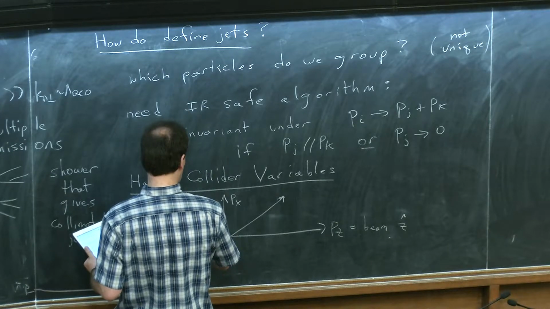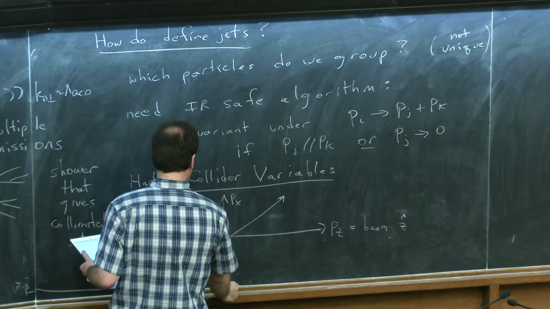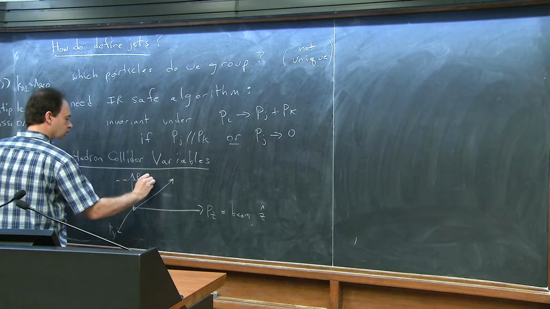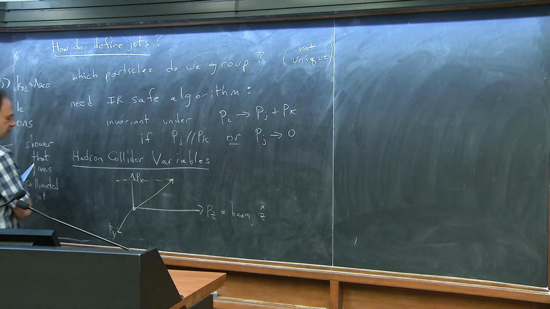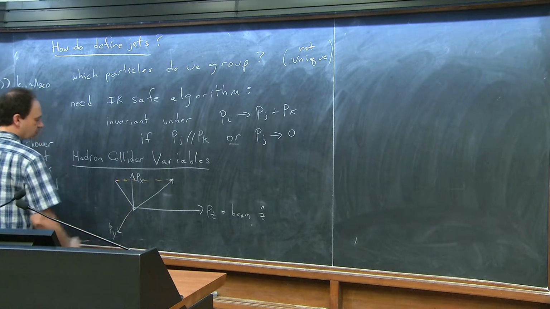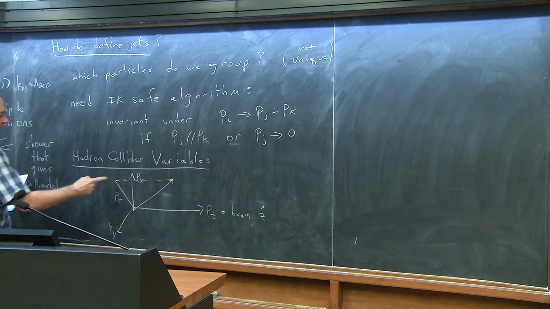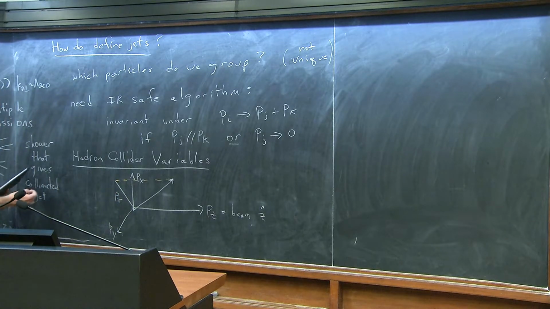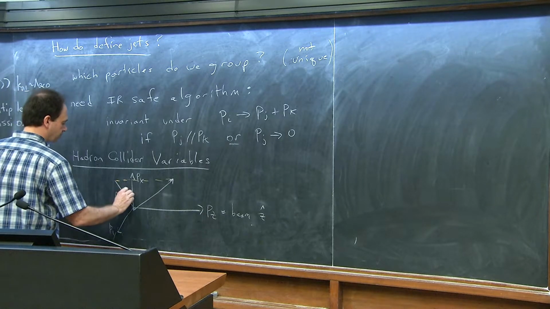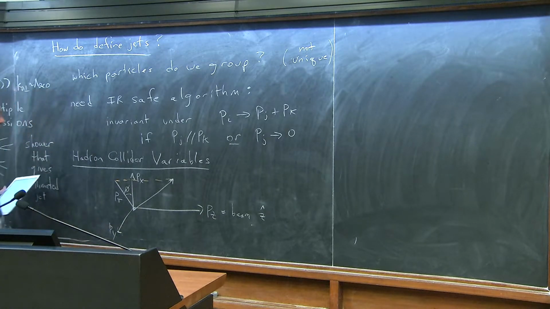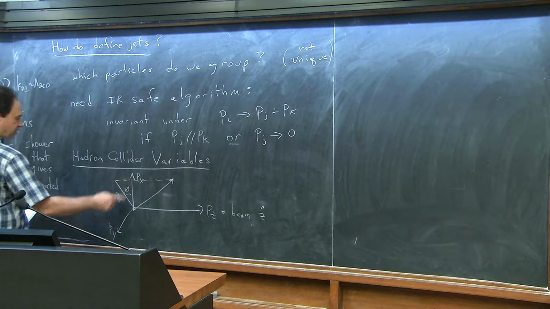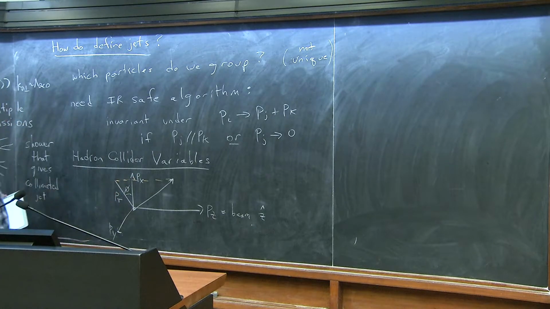That gives this vector here, and the magnitude of this vector is called the transverse momentum. And then there's some angle, which we usually call phi. So the variable pt is the magnitude of the vector in the transverse plane, which is the xy plane, and phi is the angle in that plane.